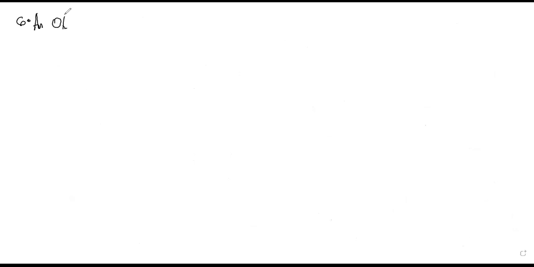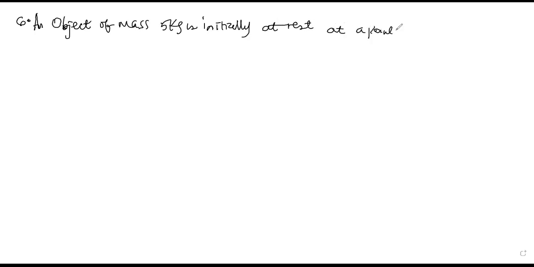An object of mass 5 kilograms is initially at rest at a point whose position vector is negative 2i plus j.